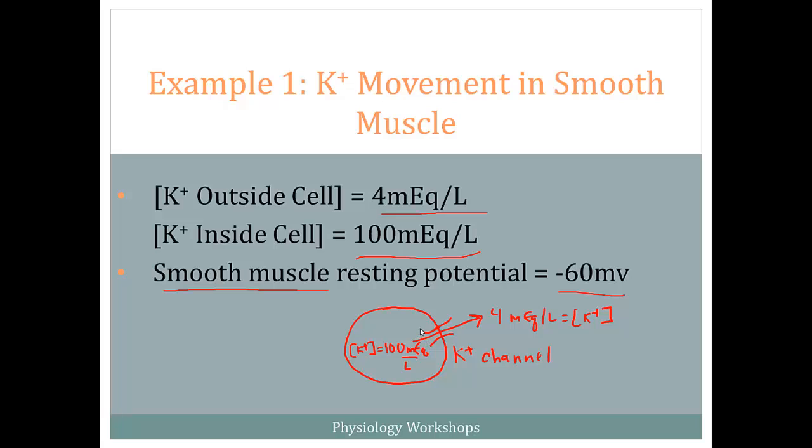So, intuitively, we would be confused, since potassium would have a desire to remain in the negatively charged cell, because remember, this is negative 60 millivolts. But it also wants to move to an area of lower concentration outside the cell. So this is where we pull out our trusty Nernst equation.